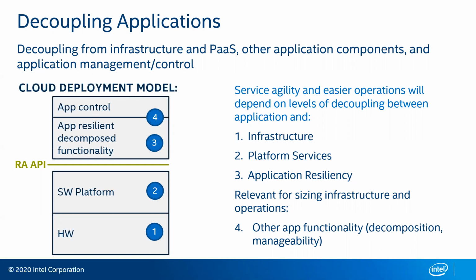The platform services are all the other functionalities of the platform itself that is not the application, that are repeating, and even to build a basic Kubernetes cluster, there will be other CNCF projects included.